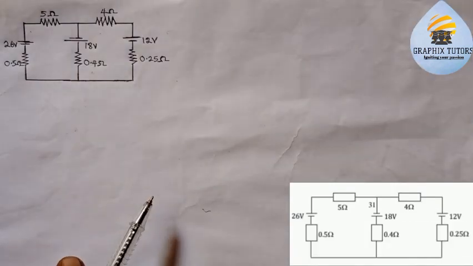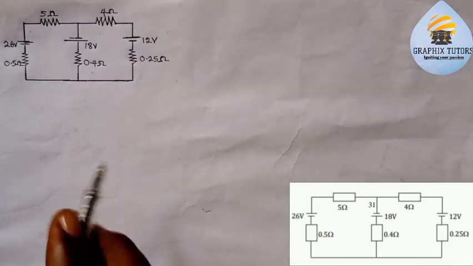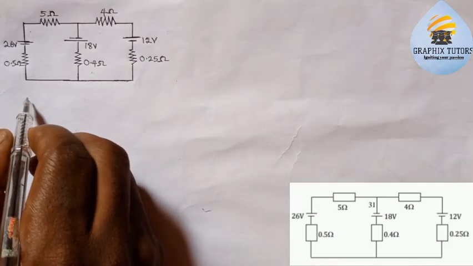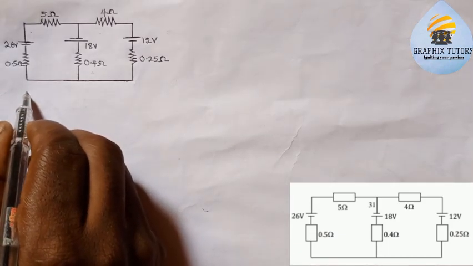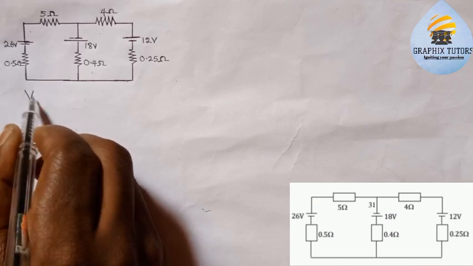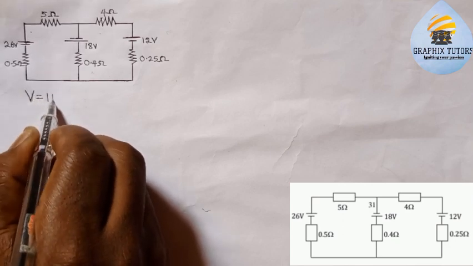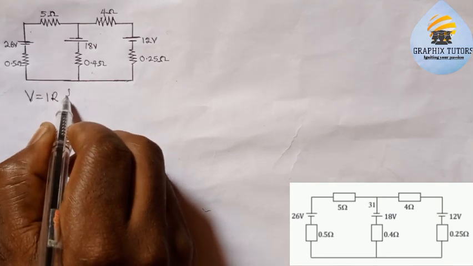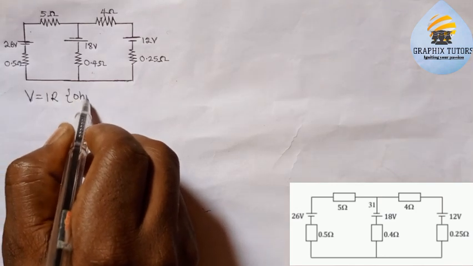Now, the law simply states that we know that V is equal to IR, right? And that is Ohm's law.